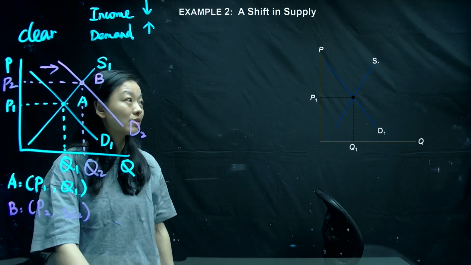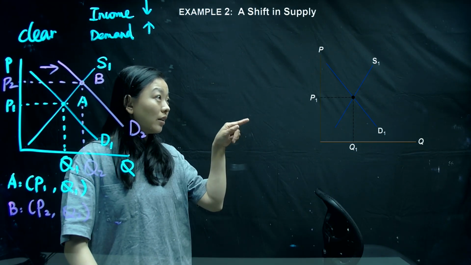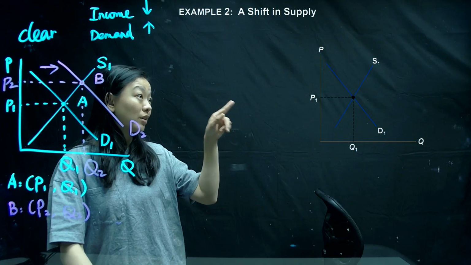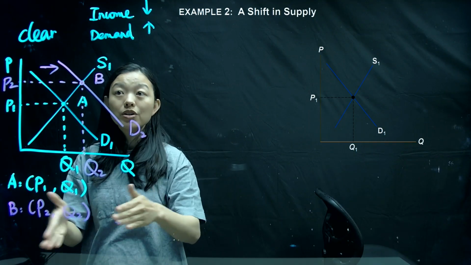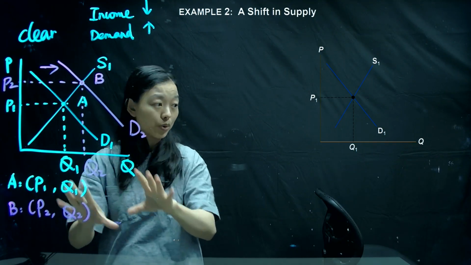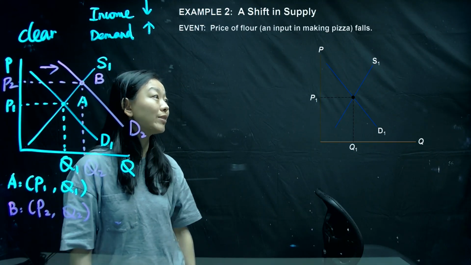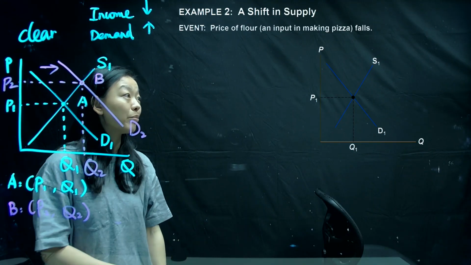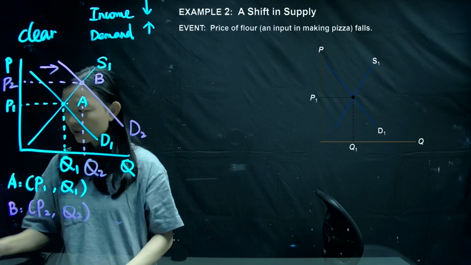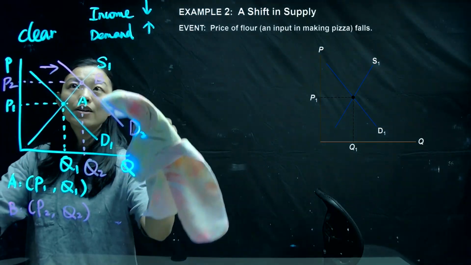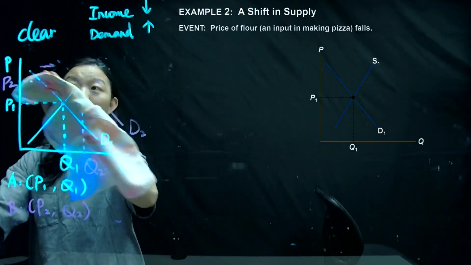Now let's look at the supply side. This graph doesn't show it really clearly, so I will show the supply side here on this board. For the supply side, what happens? The price of flour, one of the inputs to making frozen pizza, decreases. So now look at what happens in the second scenario.